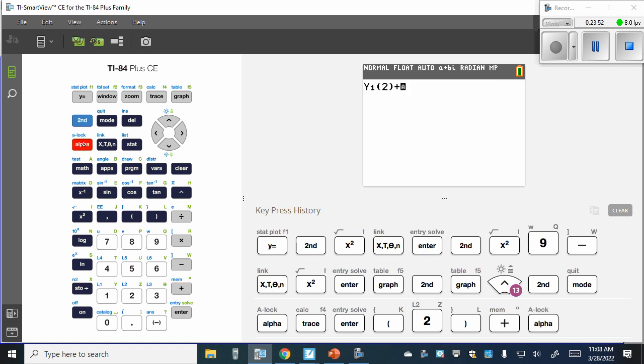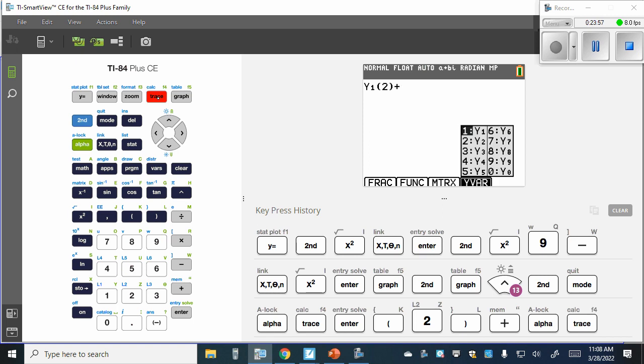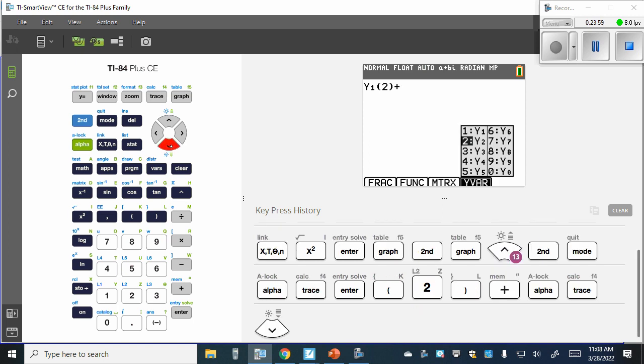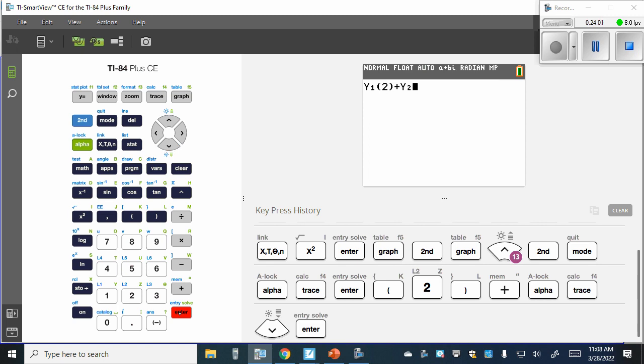And to get g of 2, we're going to do the same thing. So alpha trace, but this time I'm going to go down to y2 and hit enter. And do the same thing. So what we're telling the calculator is I want you to plug 2 into y1's equation and add to it the value when we plug 2 into y2's equation.